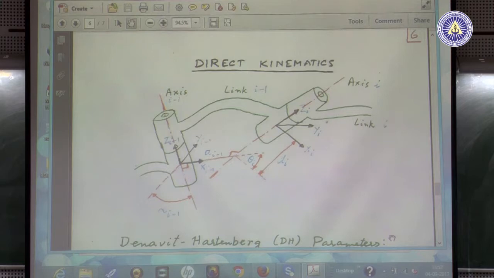Axis i is another line in 3 dimensional space. In 3 dimensional space, when you talk of two lines, in what ways can they be disposed against each other? They can be intersecting, they can be parallel. Okay. Most general, skew. So, in general they can be skew. Okay. So, that is what you expect.